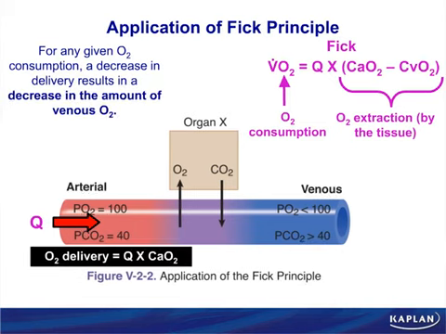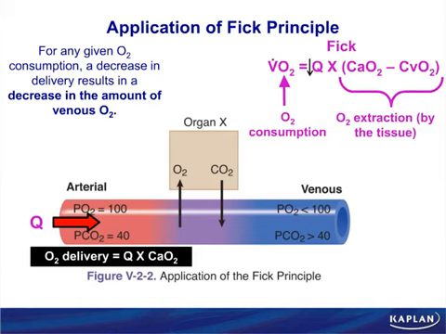The second application of this is that for any given oxygen consumption, if I decrease delivery, then it will decrease venous oxygen. All right, stop and soak that in for a second. For any given oxygen consumption, if I decrease delivery, I will decrease the amount of oxygen in the vein leaving that tissue. All right, how could that be? Well, let's reduce flow. Delivery is flow times content.